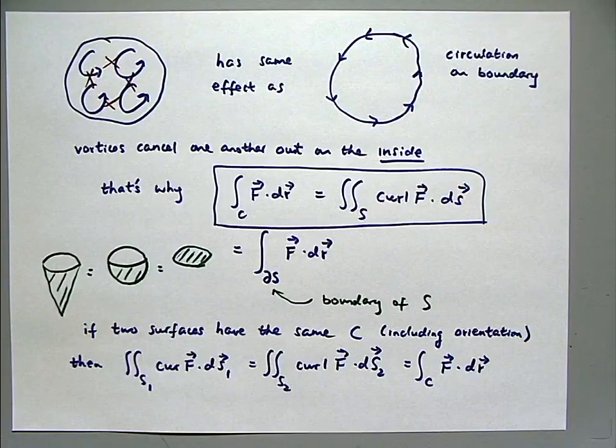So we're going to have to find the curl of the vector field, which is not difficult in this case. Remember, the curl is the del cross with y, minus x, 0. And you can calculate this very easily. This turns out to be negative 2k. It's a pretty simple one.